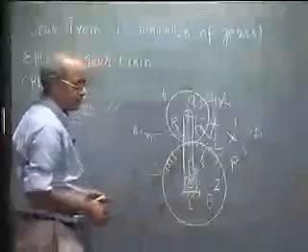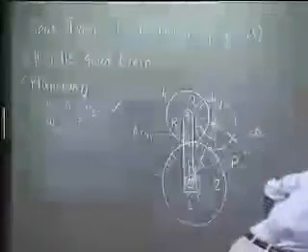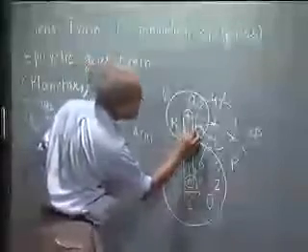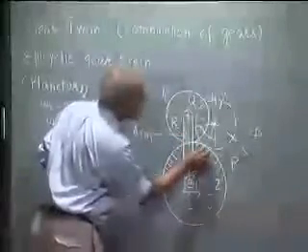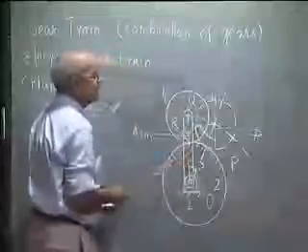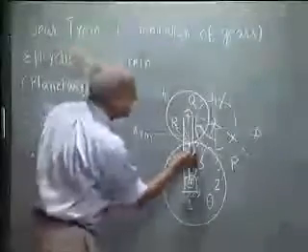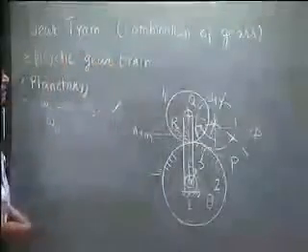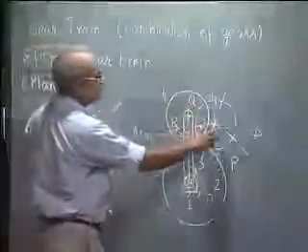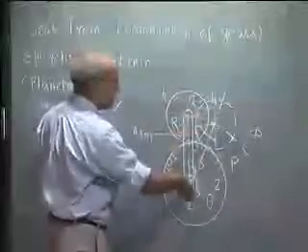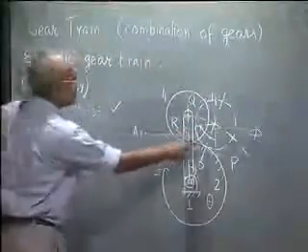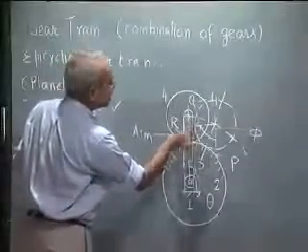That means these two arc lengths must be the same. This arc length on the smaller gear, the planet gear, is the same as this arc length on the sun gear, or larger gear, because they are rolling on each other without slipping, as these represent the pitch circles of the two gears. So arc PR is the same as arc PQ.